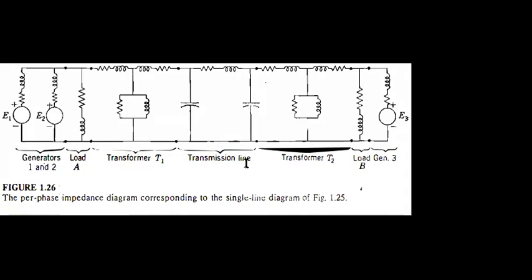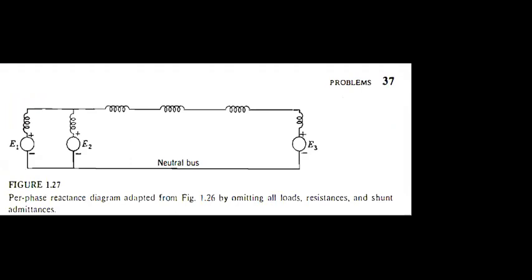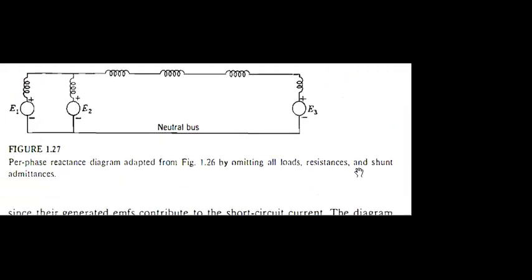Okay, but for simplified representation, we can consider the diagram in reactance form, something like this. This is the simplified reactance diagram, the per phase reactance diagram. Here we don't have the resistance, only the reactance components attached to the generator, and we have not considered the load.